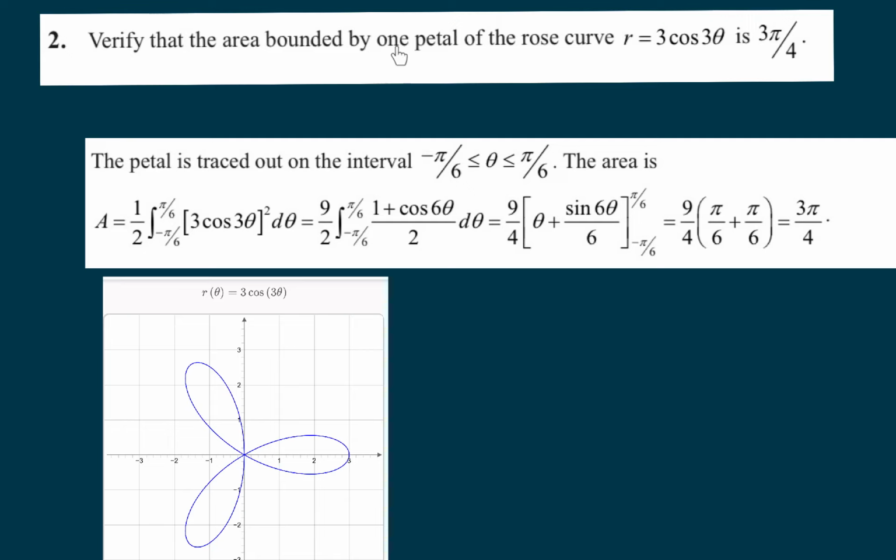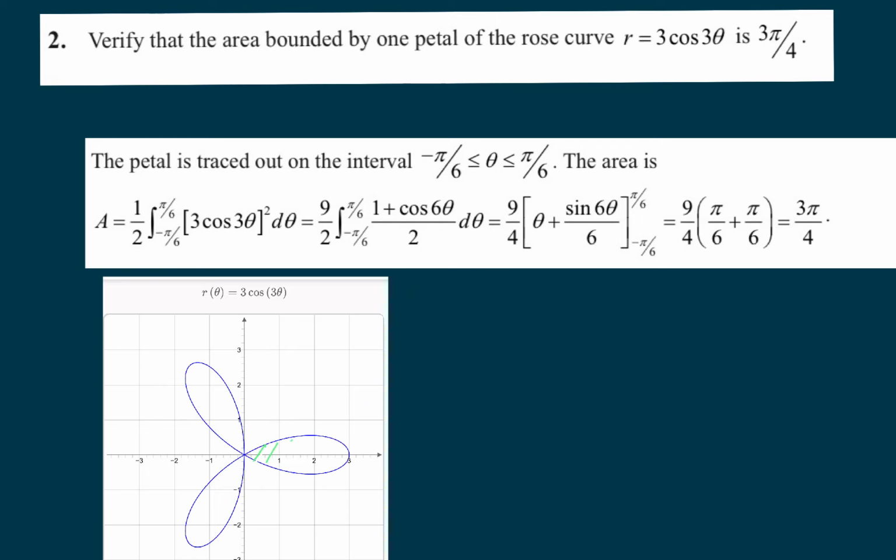It says verify that the area is bounded by one petal of the rose curve. This is the rose curve. It has 3 petals. So it says find the area of one petal.